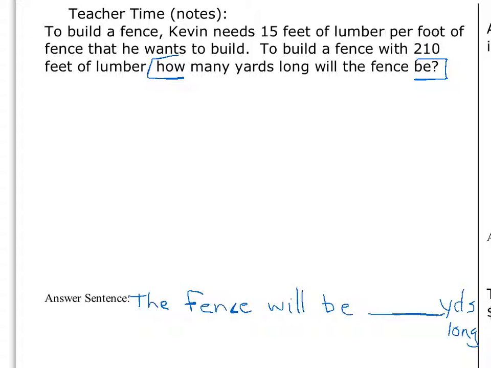Being really careful with your units. A lot of you who don't read very carefully might look at this and might put the wrong units on your answer, which is going to become very important. So as we're looking back through the problem, I see one rate that's given to me here, 15 feet of lumber per foot of fence.